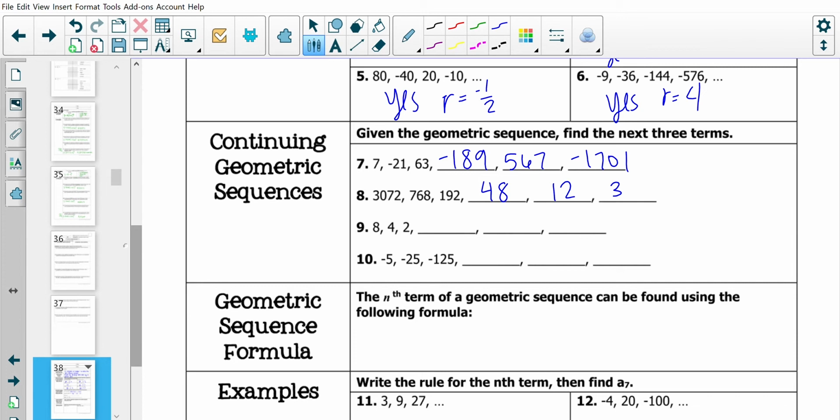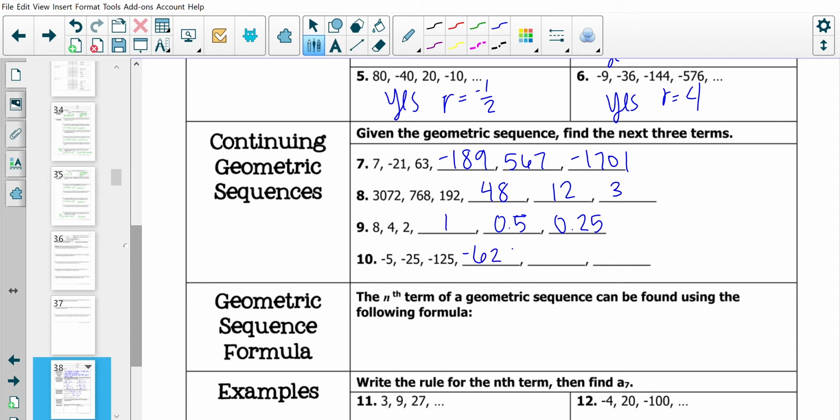Okay. What is my R value on number 9? Half. Half of 2? 1. Half of 1? 0.5. Half of 0.5? 0.25. Good. What are we multiplying by? 5. So next we get negative 625.